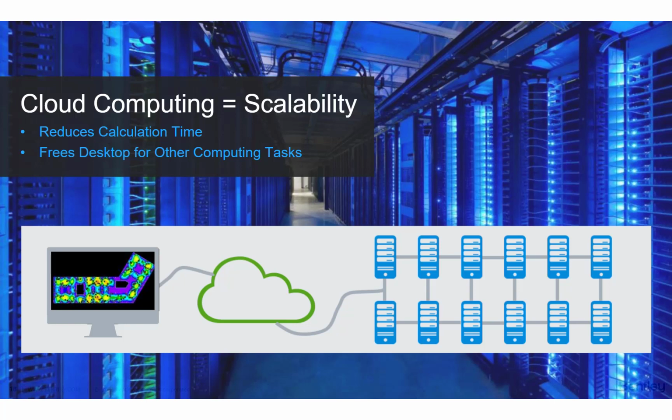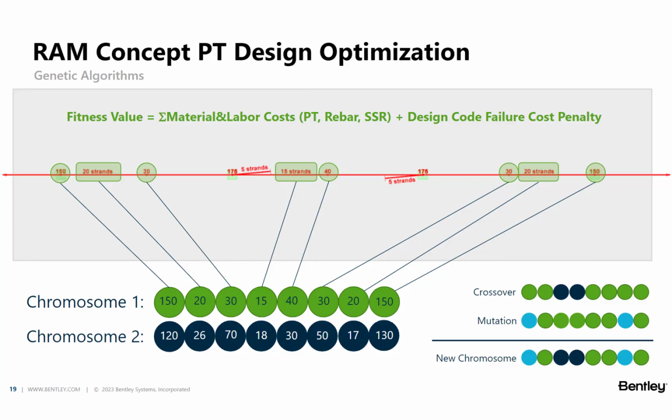So obviously, cloud computing alone can't solve the problem. We need a more intelligent way to narrow down which trials we calculate. And this is where genetic algorithms come in. Genetic algorithms are an intelligent way to select which trials to calculate and which to skip.